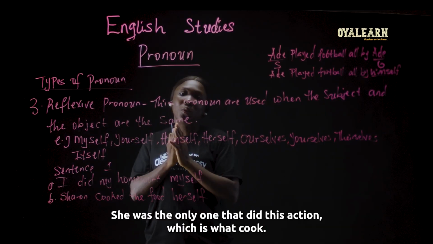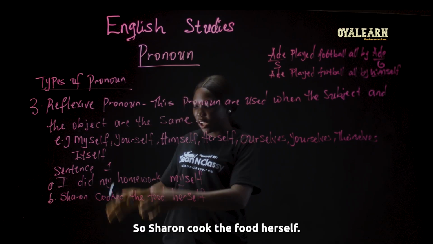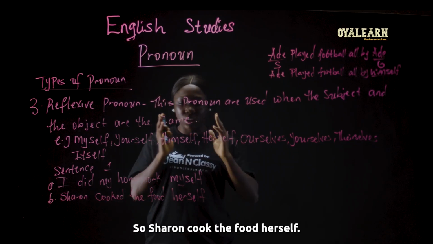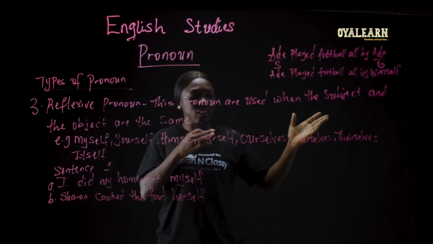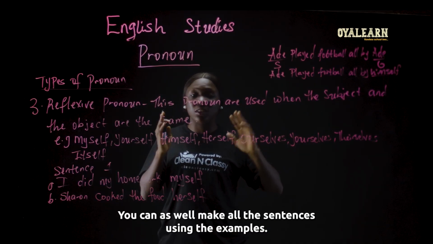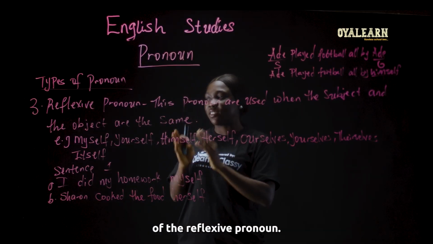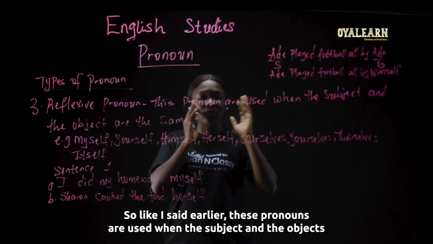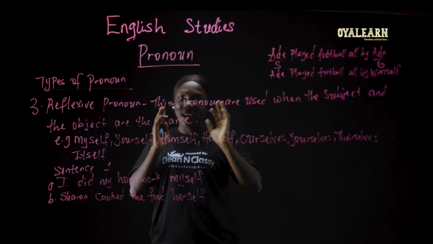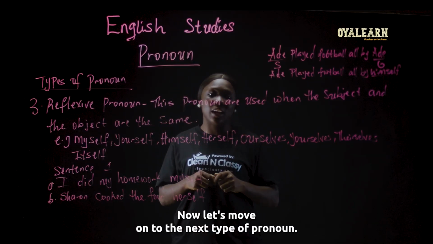She was the only one that did this action, which is cook. So Sharon cooked the food herself. You can as well make other sentences using the examples of a reflexive pronoun. Like I said earlier, these pronouns are used when the subject and the object are the same. Now let's move on to the next type of pronoun.